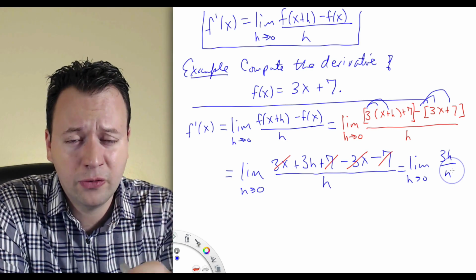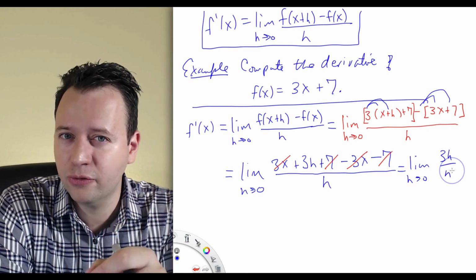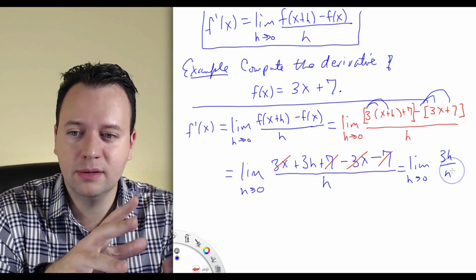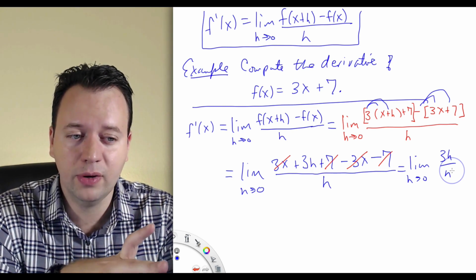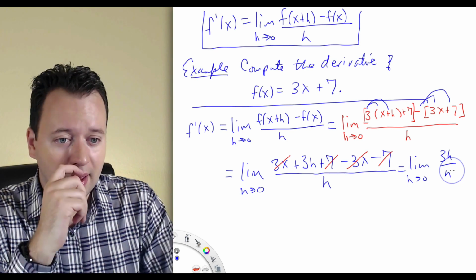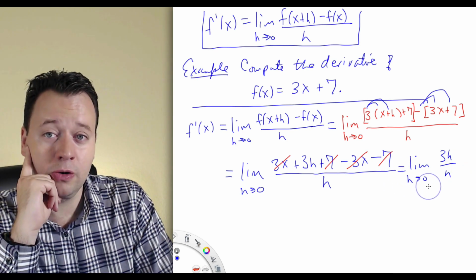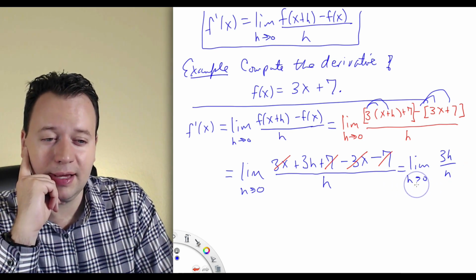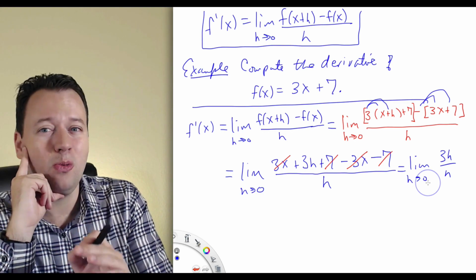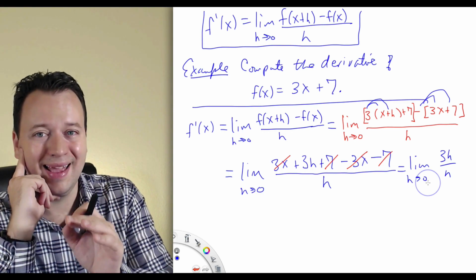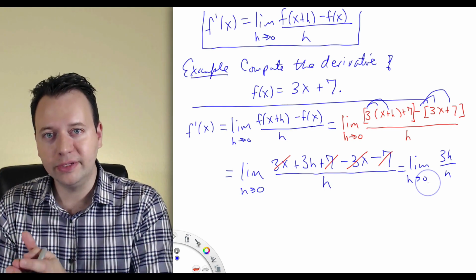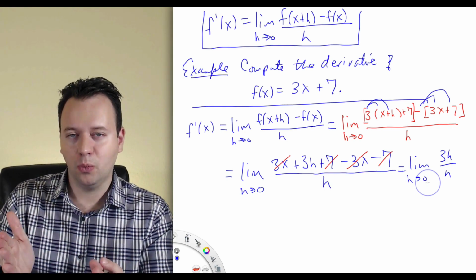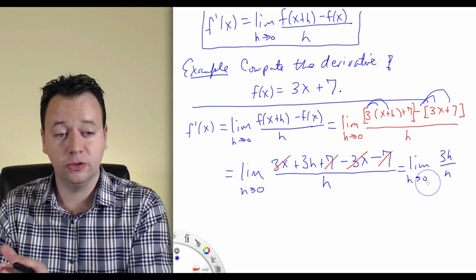Now the function 3h over h is not equal to 3, because the function 3 is defined at 0, but 3h over h is not defined at 0. However, we're taking the limit as h goes to 0, and the only point we don't care about is the point h equals 0. Because remember, what's happening at that point when you take a limit does not matter. It's just what happens as you approach h equals 0.